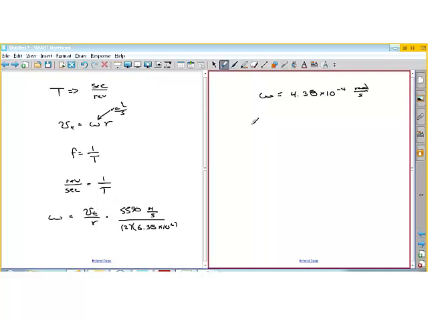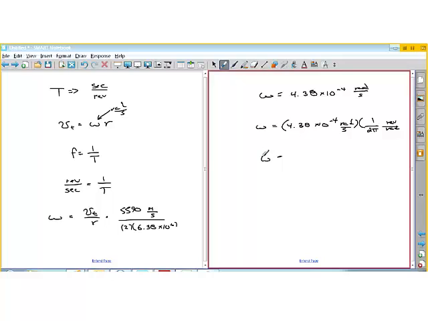So let's change that to revolutions per second. So you divide by 2 pi. 4.38 times 10 to the minus 4th radians per second. And we want to get to revolutions per second. So we need radians per revolution, 2 pi radians per 1 revolution.